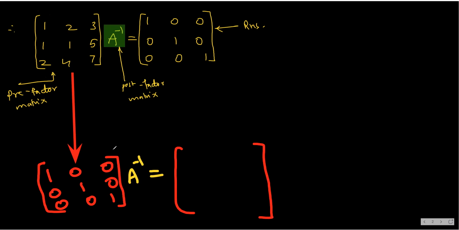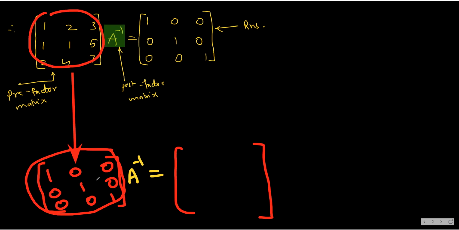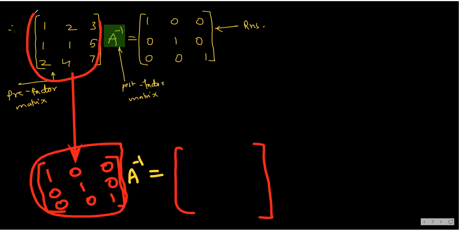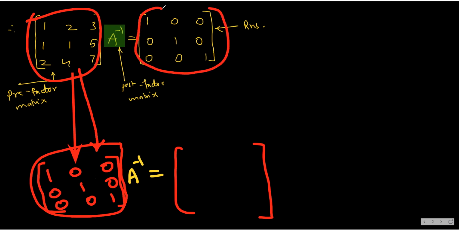How will I get this matrix in place of the prefactor? By row transformation. Wait, have patience, I will do it. Remember, all those row transformations which you are applying here, you will also apply here. That is what the rule is.